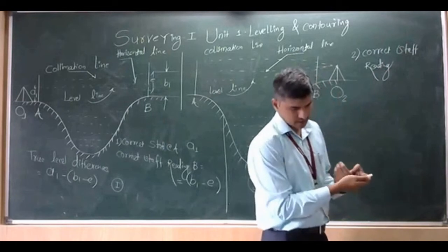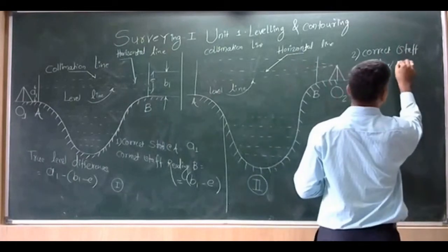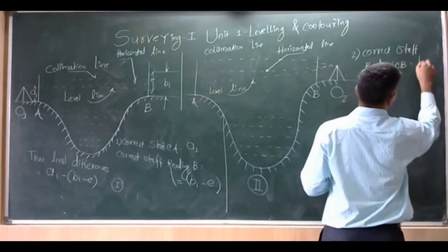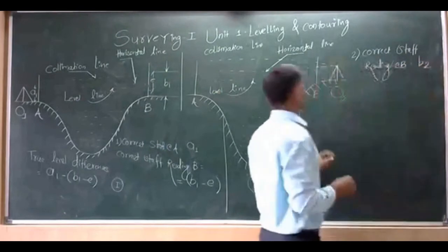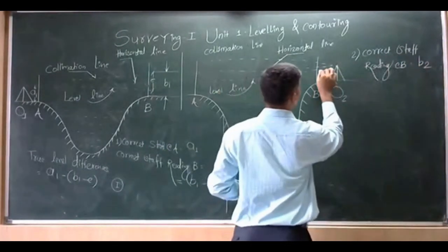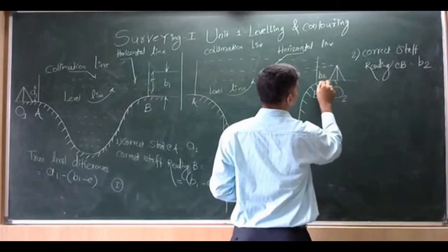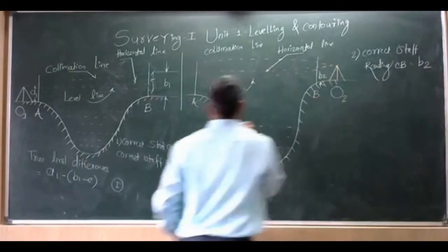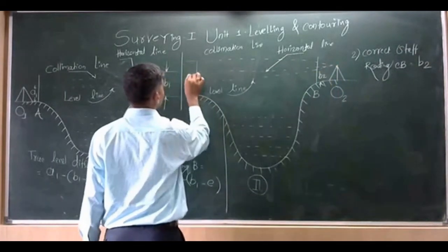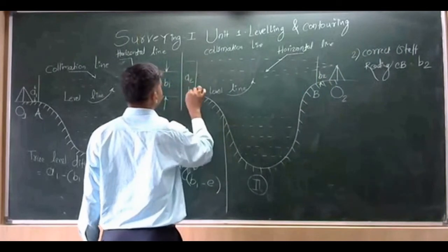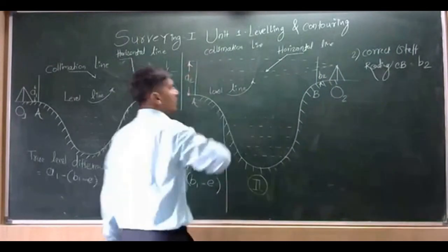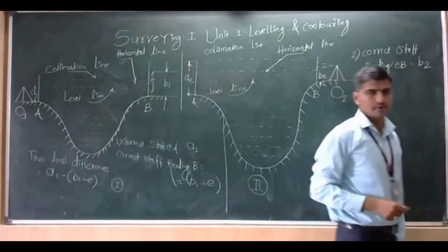Correct staff reading at point B was B2. Sorry, I have not written it over here. Say this is B2 and say this is A2, the staff readings at the respective points.